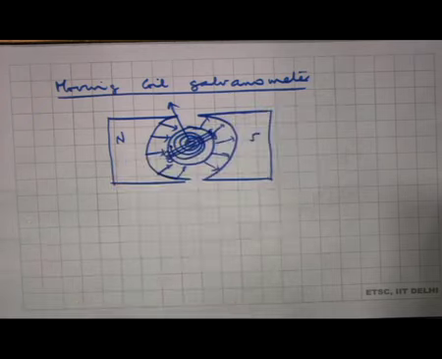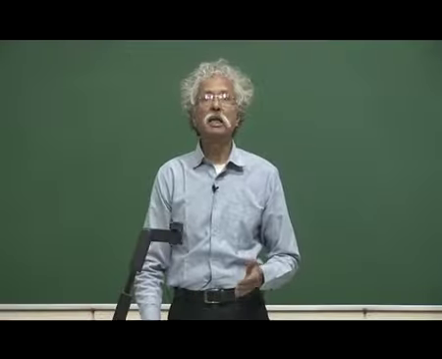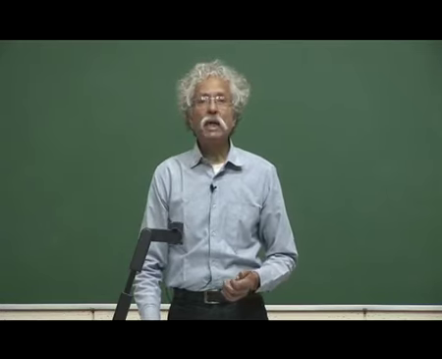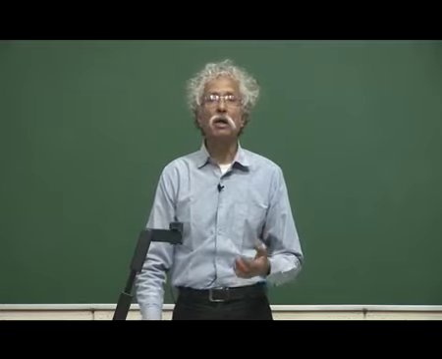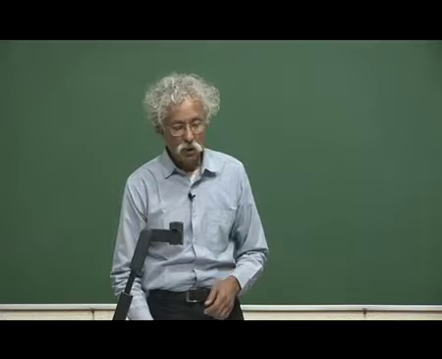If you change the current, the torque changes and the deflection of the needle will change. So, the deflection of the needle becomes proportional to the current passing through the coil, and so the deflection of the needle is an indication of the current that is passing through the coil. So, you can get an indication of the current passing through the coil by simply looking at the deflection of this needle, and that is called a moving coil galvanometer.